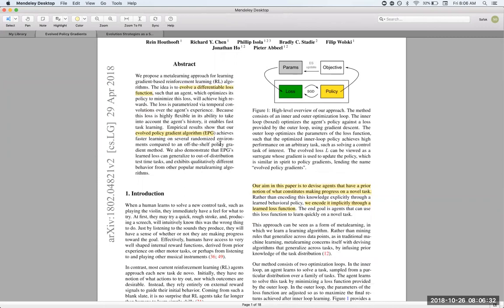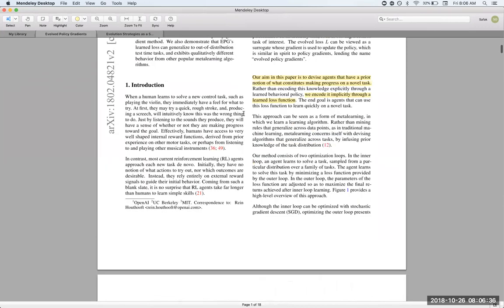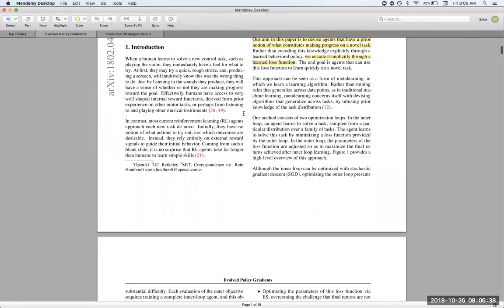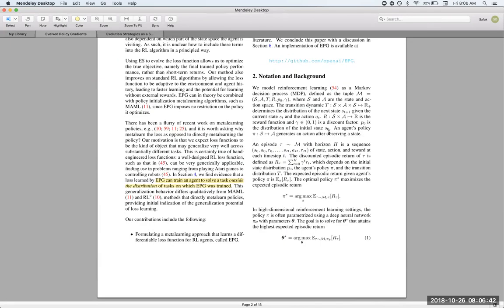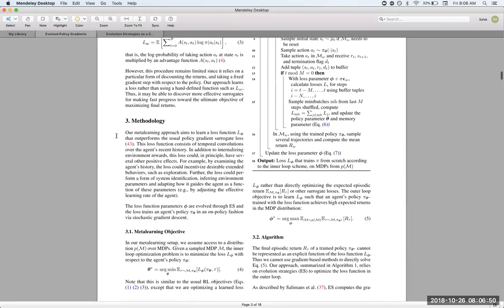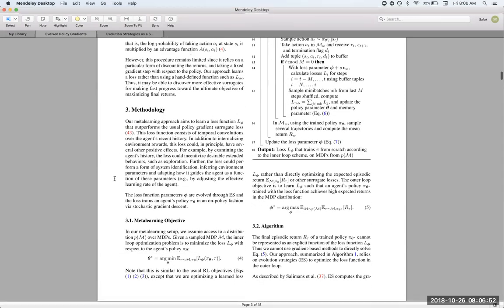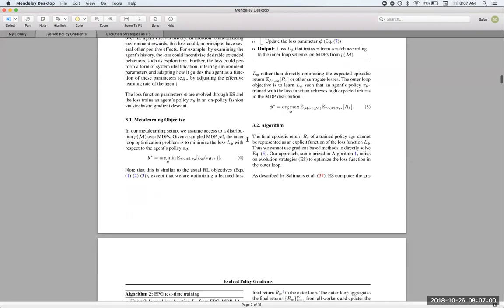And then the paper gives a brief introduction to RL, and then it gives the background of how policy gradient methods work in the second section, notation and background. And in the third section, it describes its own methodology for the evolved policy gradients method. It posits its own objective functions to do the optimization on.